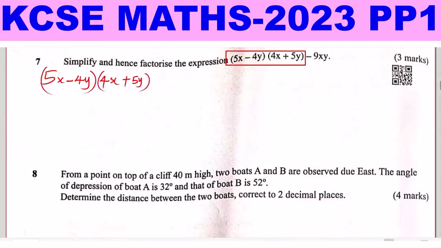Let's expand this. How to expand it? So you take 5x multiplied by 4x plus 5y. Then you take negative 4y, 4x plus 5y.